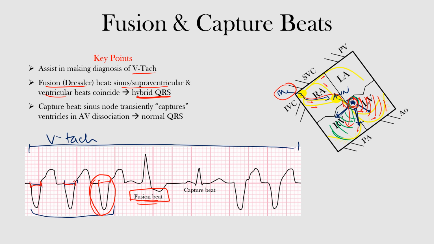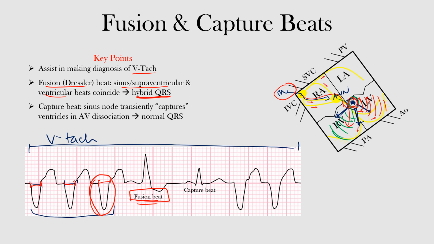A capture beat is completely innervated by the sinus beat, or some other supraventricular area, and is indistinguishable from the patient's normal complex. In other words, it is a ventricular complex of normal duration that results from some supraventricular source that fires at just the right time that it, quote unquote, captures the ventricles in the setting of AV dissociation. You may be wondering, why not just call this a normal beat then?